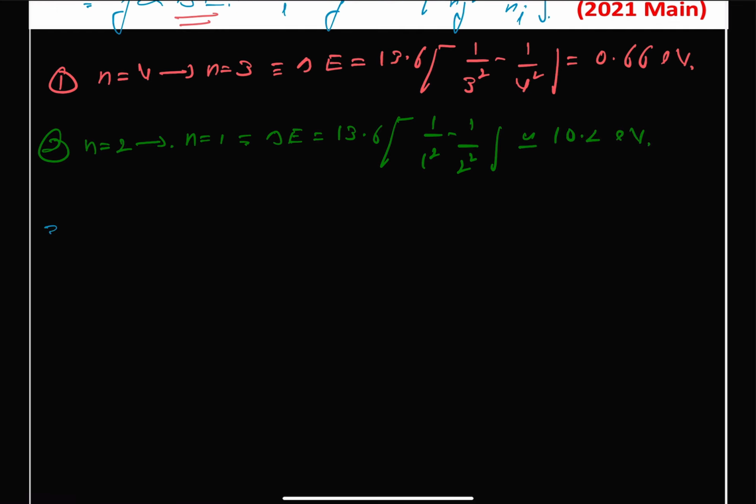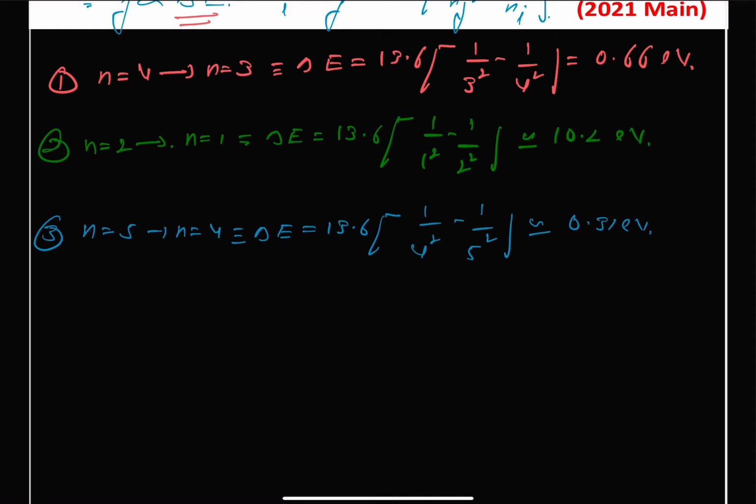We have option 3, which gives us n5 to n4. Therefore delta E is equal to 13.6 times 1 upon 4 square minus 1 upon 5 square, which is approximately 0.31 electron volt.